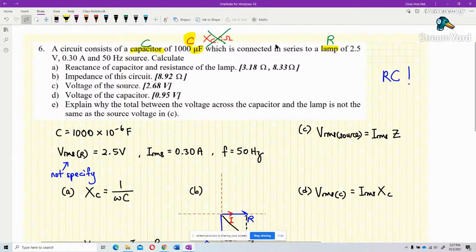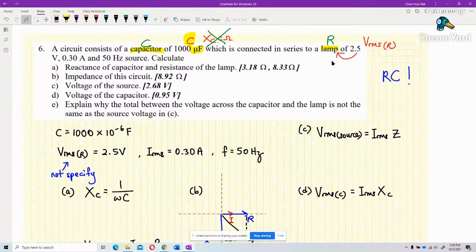He didn't mention whether it is peak or root mean square voltage. If no mention, it is root mean square value.